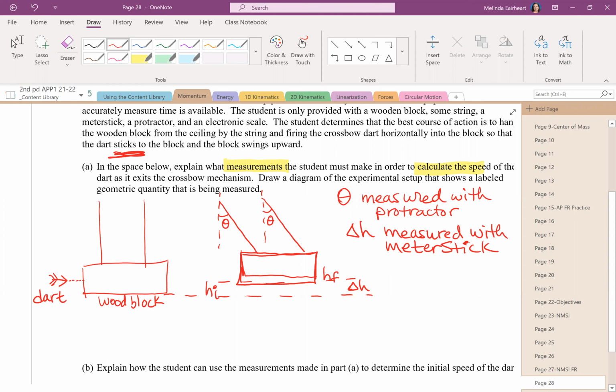What else could the meter stick measure? The distance the arrow traveled wouldn't help us because we can't measure time to get the velocity. What did you say, Sharon? Length of the string. So I got to label it on the diagram. So L can be measured with the meter stick.